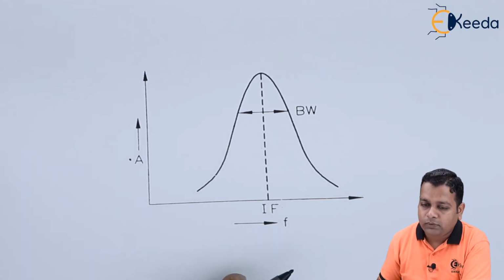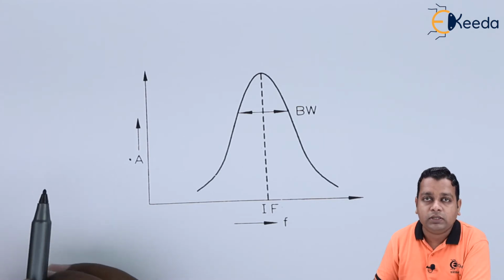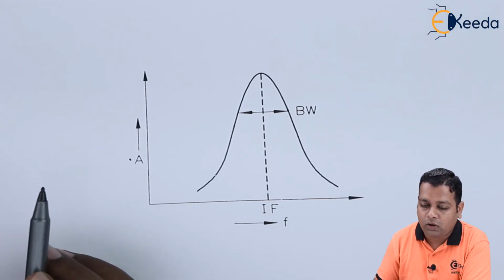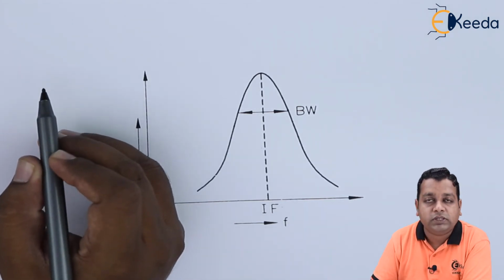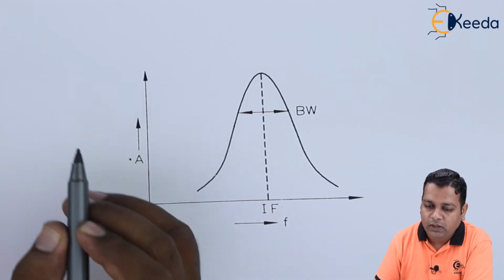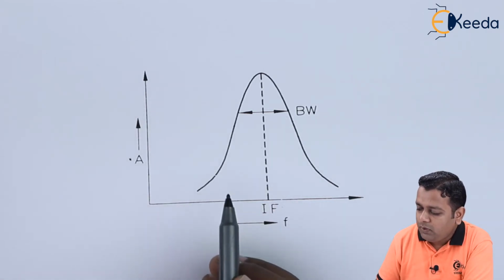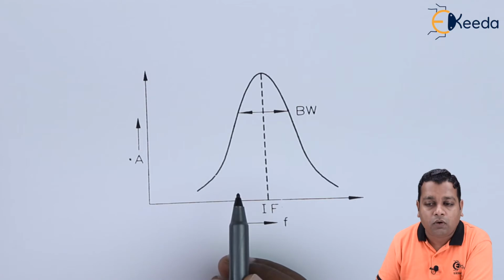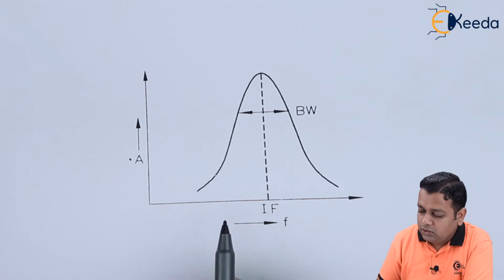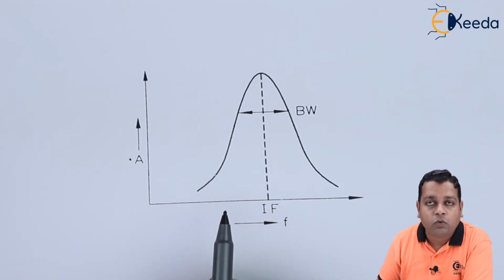Now the work of the IF amplifier is to have an adequate amount of the image frequency suppressed here, so that the IF amplifier is made broadband to permit the use of fairly narrow band pulses.